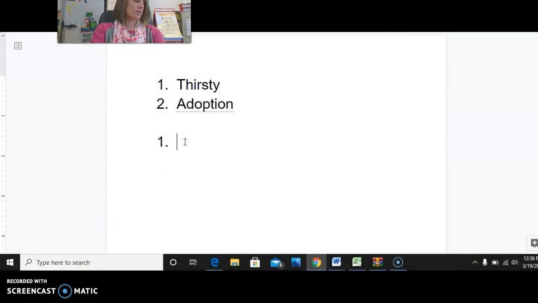Okay, so let's go ahead and look those over. We had sequential, show. Should look like that. Number 2, we had the word financial. Fi, open syllable, nan, show.